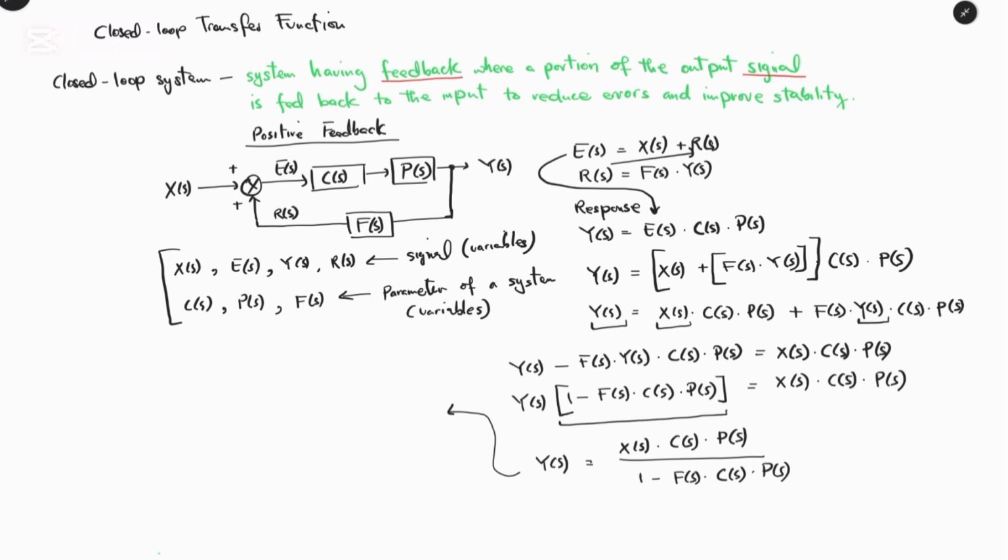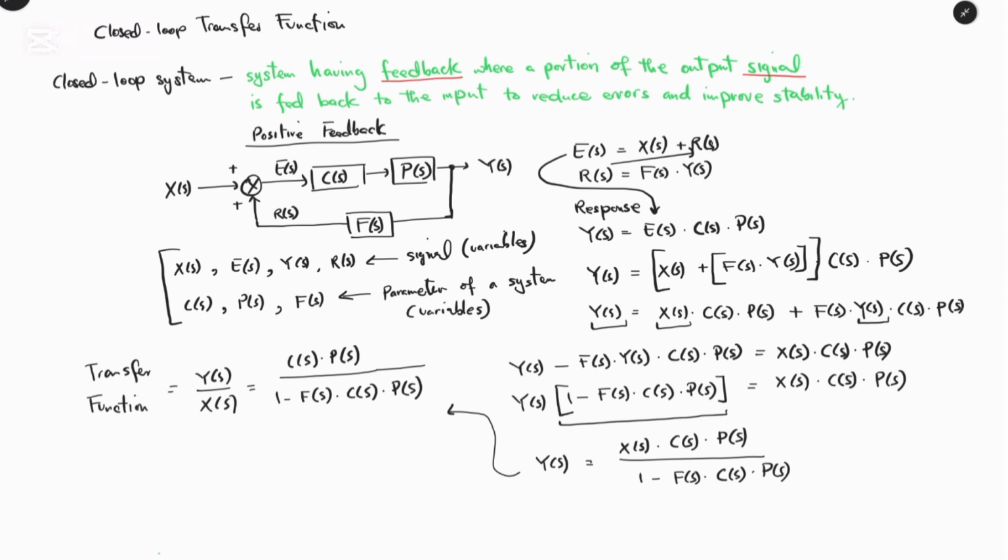We now should have Y of S over X of S equivalent to C of S dot P of S over 1 minus F of S dot C of S dot P of S. So now this one is nothing but our transfer function.